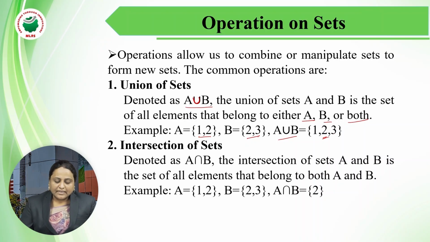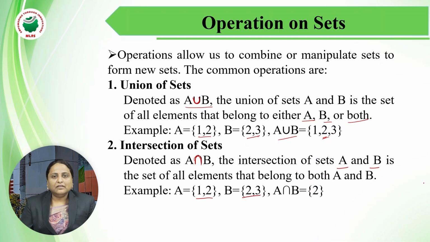And the next one is intersection of sets. Intersection means only the elements present in both A and B must be considered. For example, you have two sets. Intersection is represented with this symbol. Let us consider again A has the elements 1, 2 and B has the elements 2, 3.